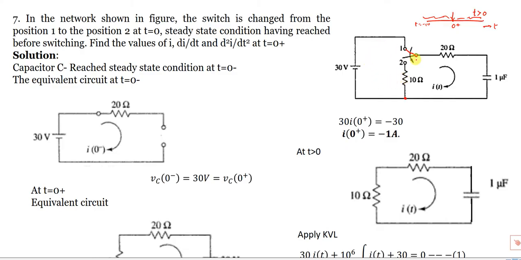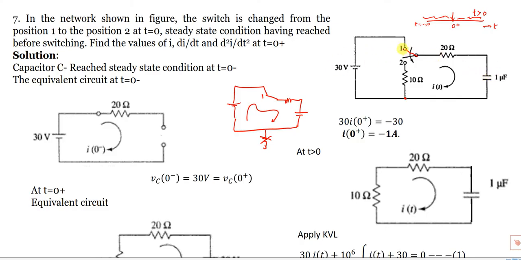So the original circuit is this: before switching we have 30 volts, then 20 ohms, and the capacitor. The 10 ohm's other end is not connected now, so you can ignore it. It is given that steady state is already reached in this position.